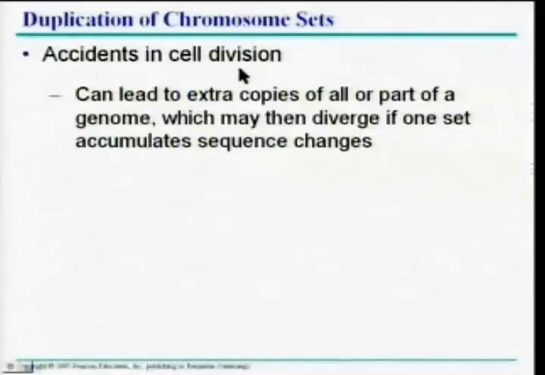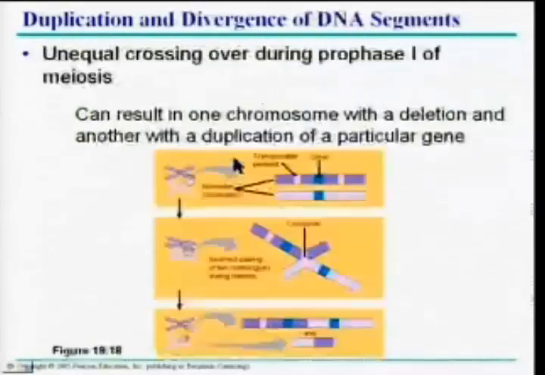So there can be accidents in cell divisions that can lead to extra copies of all or part of a genome, which may then diverge if one set accumulates sequence changes. Duplication and divergence of DNA segments are related to unequal crossing over during prophase 1 of meiosis.